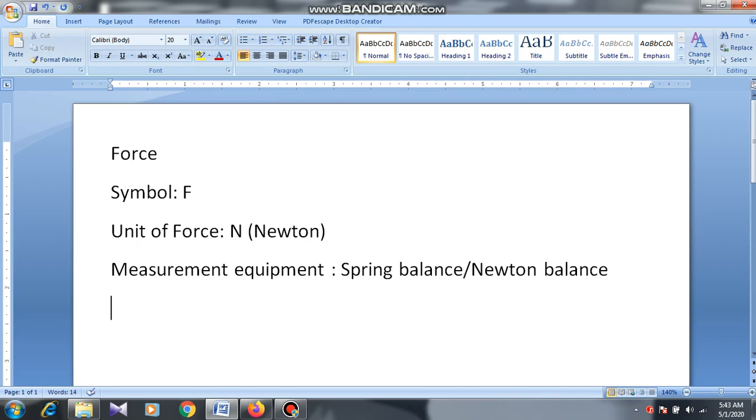So these are the fundamental ideas regarding force. Its symbol is F, Newton is the unit of it, and the spring balance or Newton balance is used to measure it.